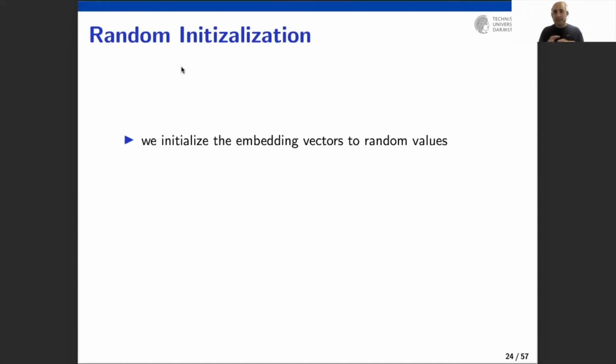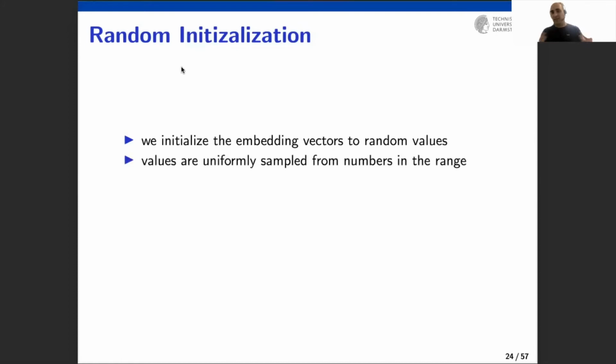The method I've just described is named random initialization, which is one of the fundamental steps in order to obtain word embeddings. In this step, we initialize the embedding vectors to random values.